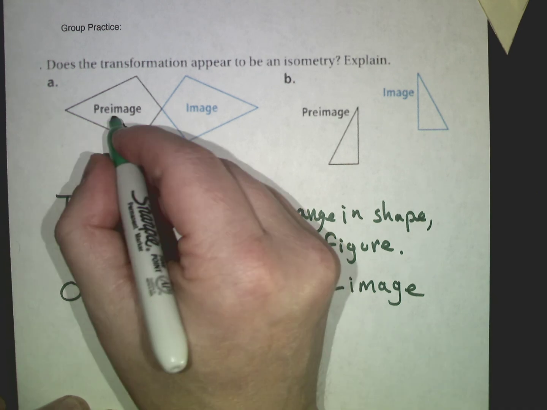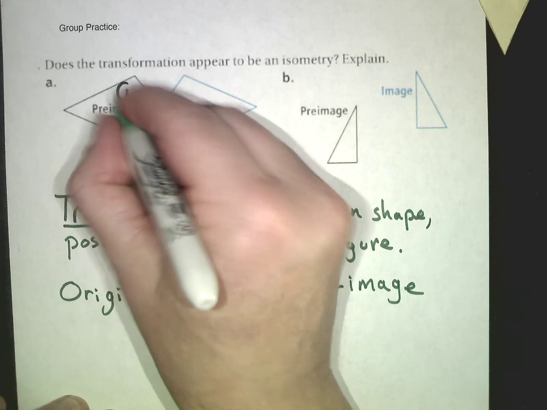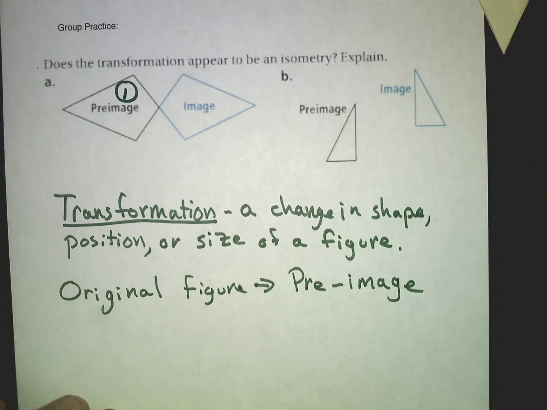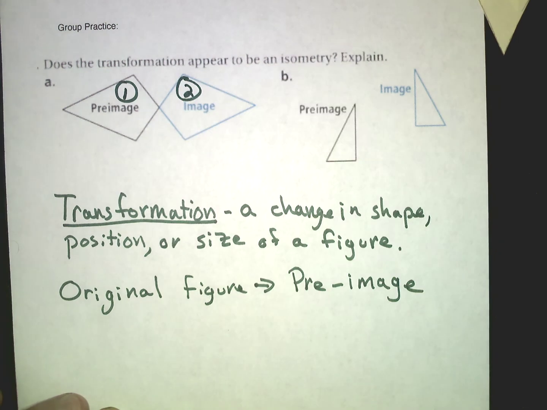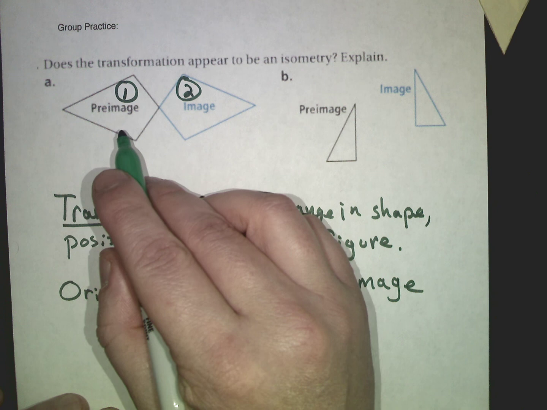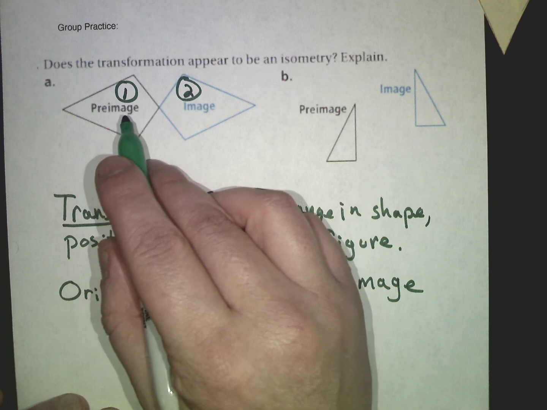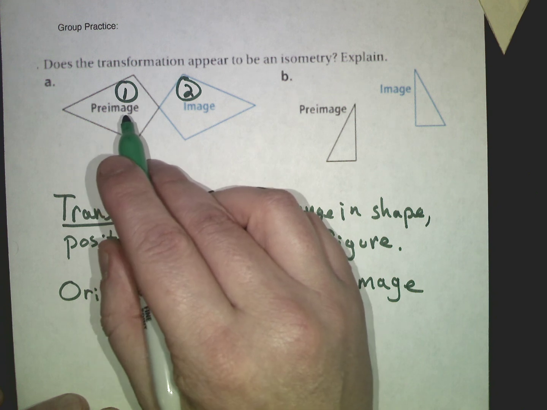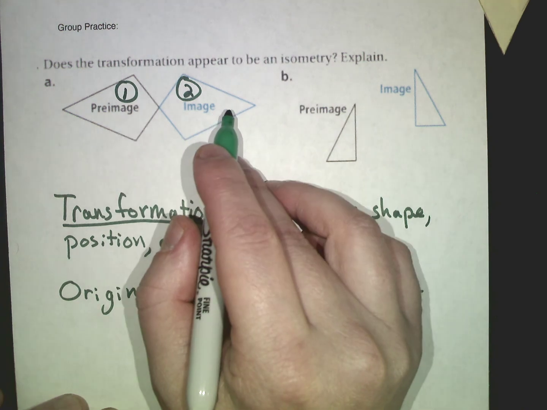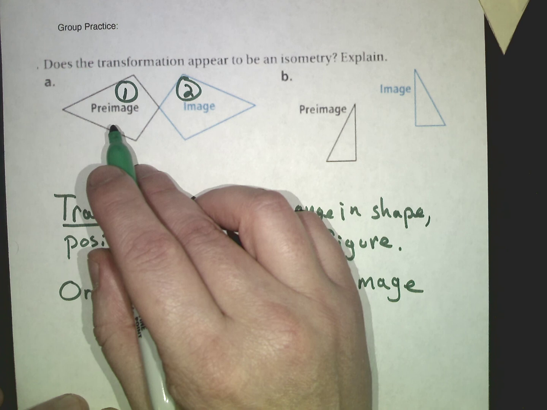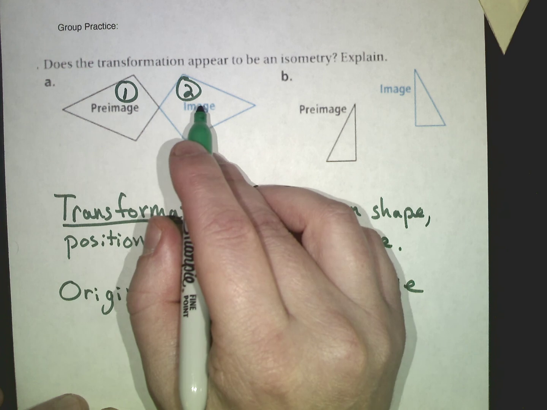So a pre-image is number one. That comes first. This image is what comes after we do the change to it. So in this case, when we're looking at this shape in A, this one was originally. When you looked at it again, it was this way. So it started out like this, and it went like this.